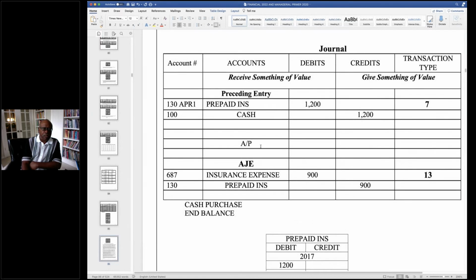So when it gets to the next year, it's going to debit prepaid insurance for $1,500, and it's going to credit cash. So this is the next year.